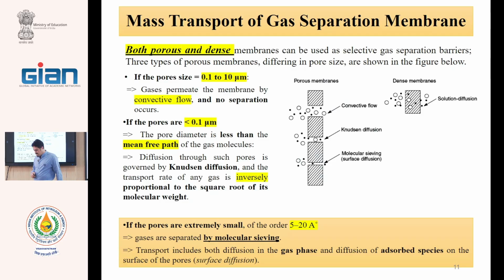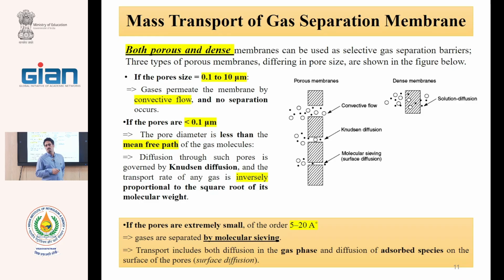About the mass transfer in gas separation, we have two membrane types, porous and non-porous. If we have a non-porous membrane, our mechanism is solution diffusion that we discussed. But if we have a porous membrane, we have the molecule size and pore size, okay?